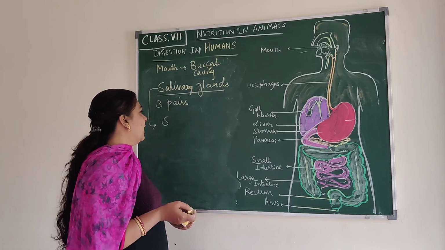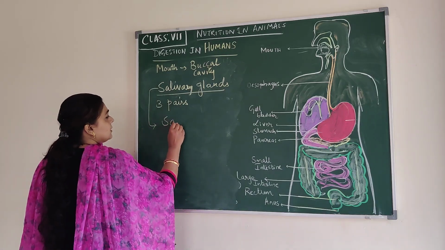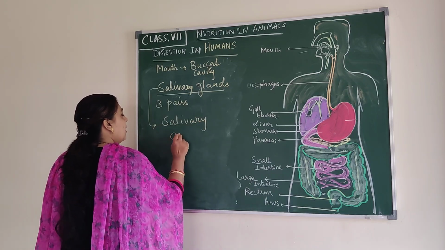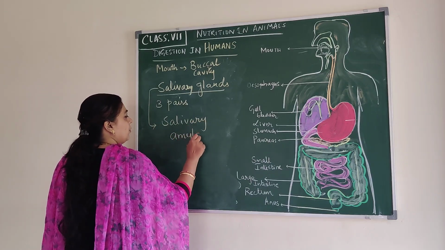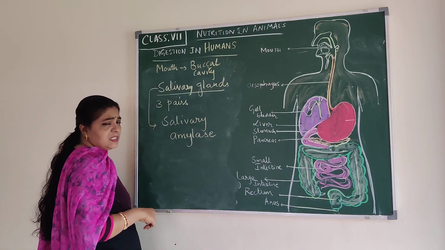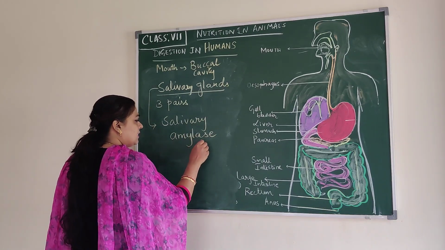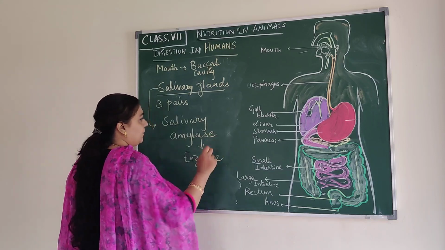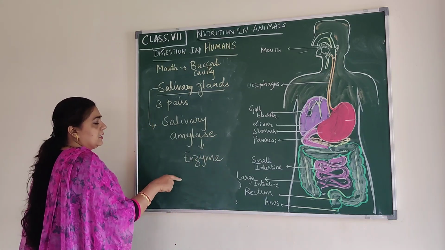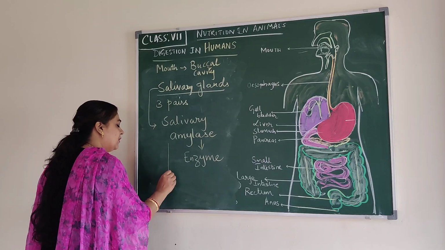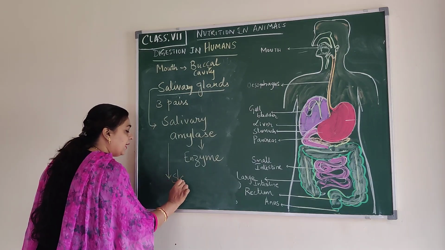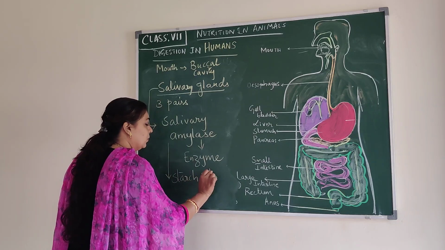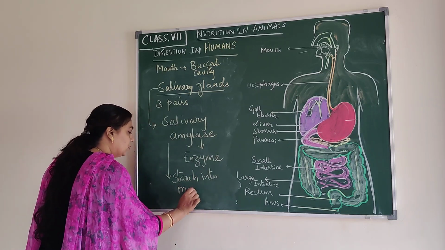So the salivary gland produces salivary amylase, an enzyme which will help in breaking down starch into maltose.